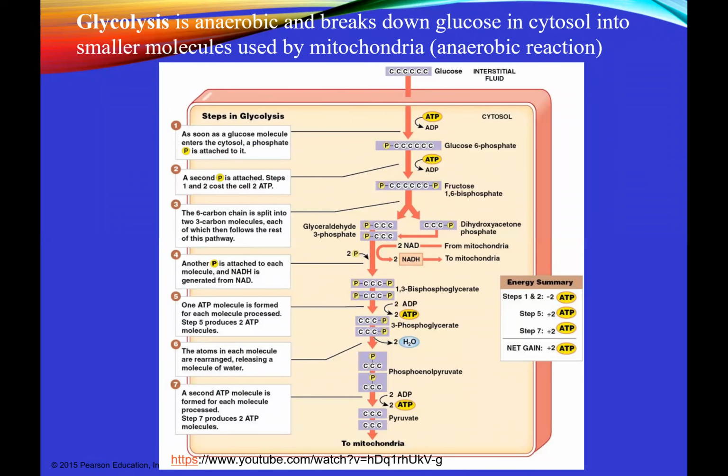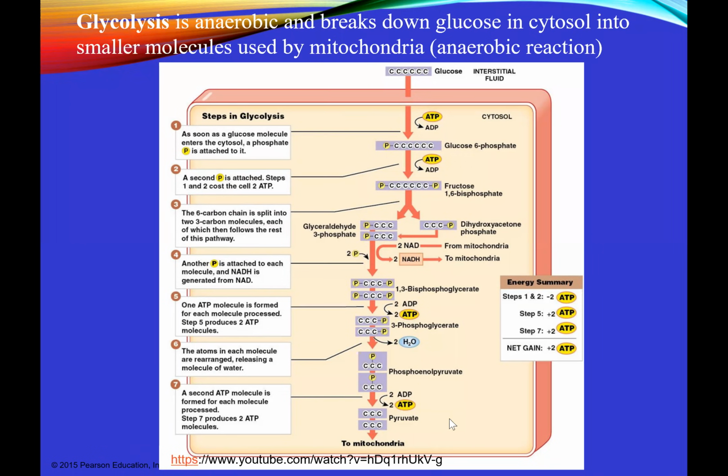So the first step: glycolysis happens in the cytoplasm. See, from the word, you can extrapolate. Glyco is referring to glucose. Lysis means to break. So glucose will break into 3 carbon sugars called glyceraldehyde G3P.